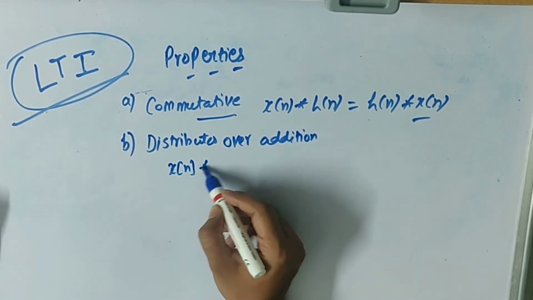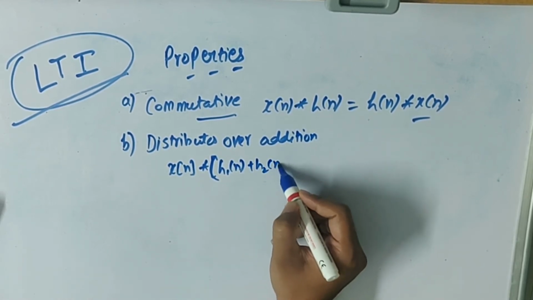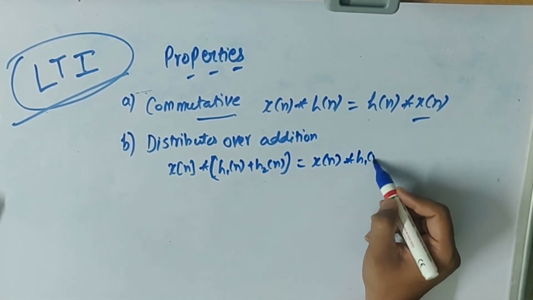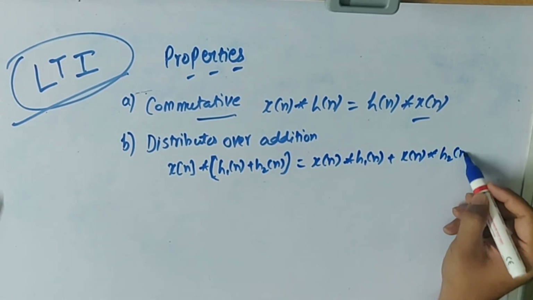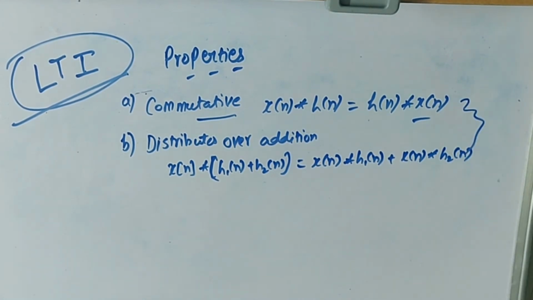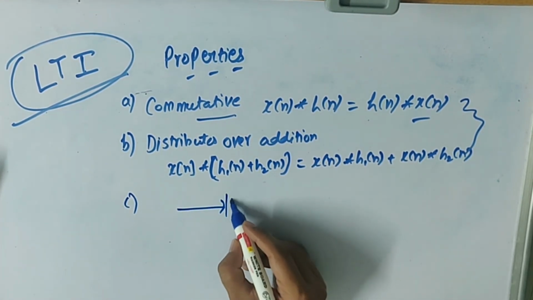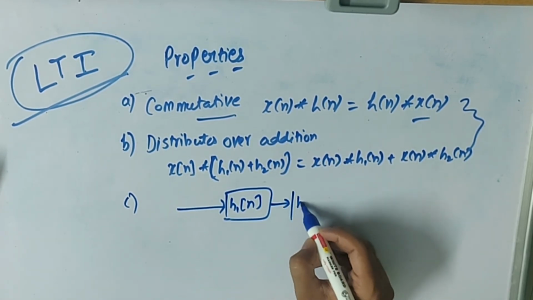So x[n] convolved with (h1[n] plus h2[n]) is equal to x[n] convolved with h1[n] plus x[n] convolved with h2[n]. Next, what happens in a cascade connection? Let's assume two LTI systems are connected in cascade. Cascade means one after another.